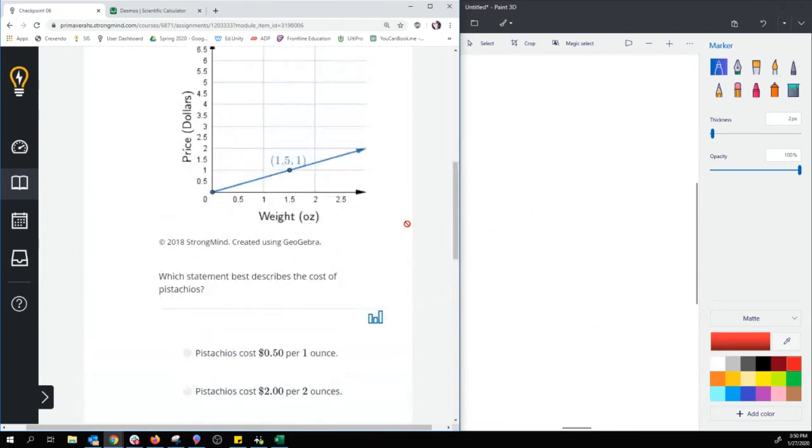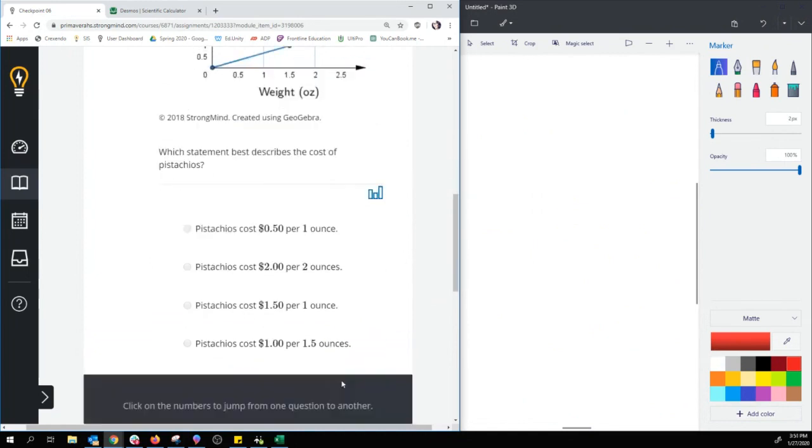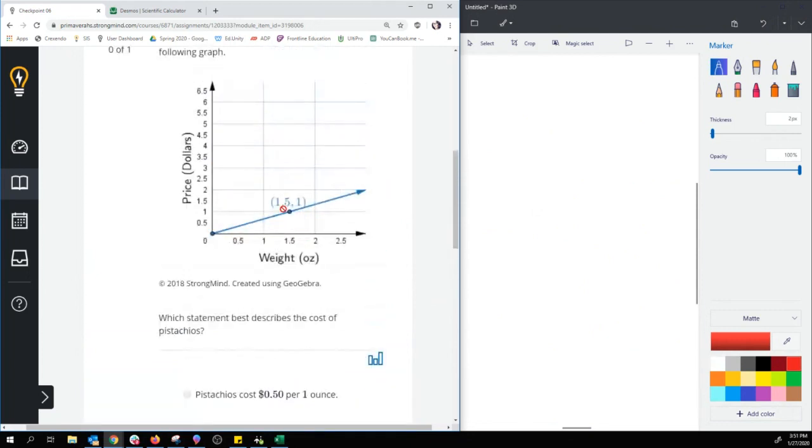Is on next one. Which statement best describes the cost of pistachios? So we're going to use this point that they have highlighted for us, the 1.5 comma 1, and we want to know which one of these sentences is correct. If I look at my 1.5, that is my x, correct? 1.5, is that talking about ounces or is that talking about dollars if it's on the bottom of my graph?